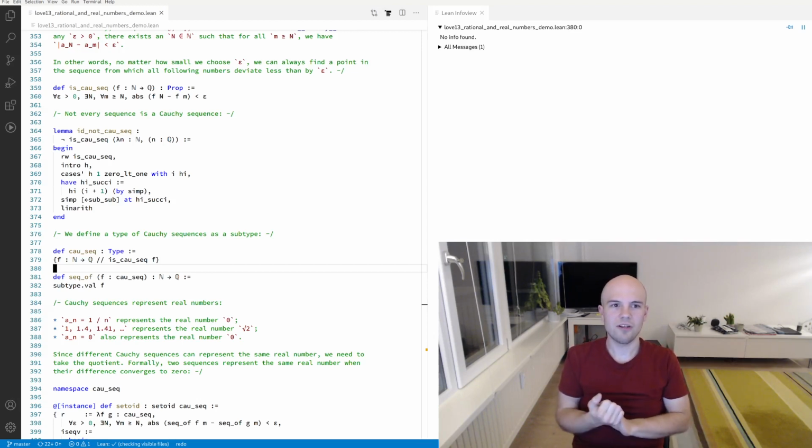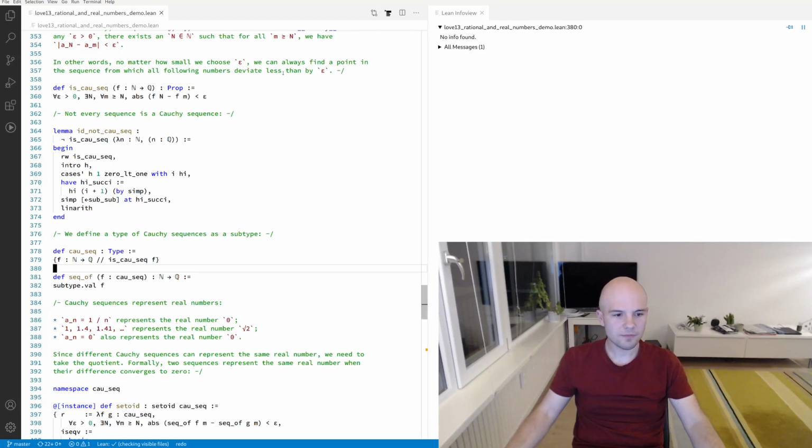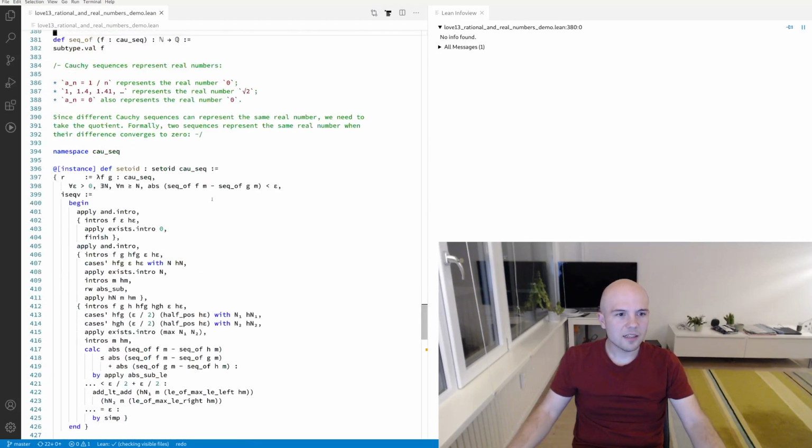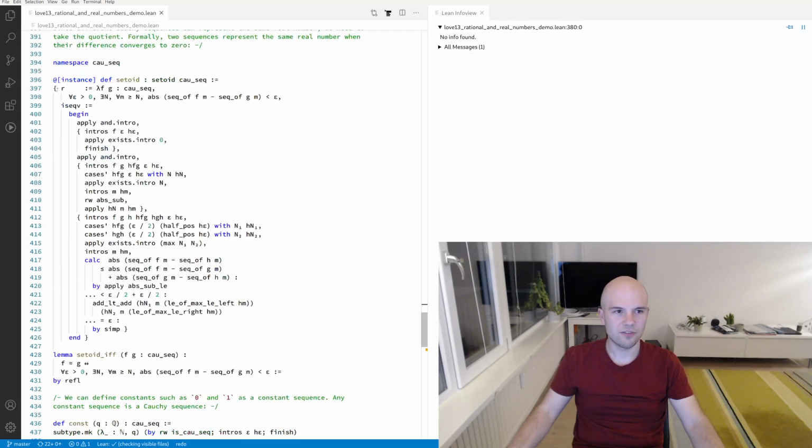And one very simple way to do this is to say that the difference of the sequences converges to zero. This allows us to define a setoid on the Cauchy sequences using this equivalence relation here. That is exactly what I've drawn.